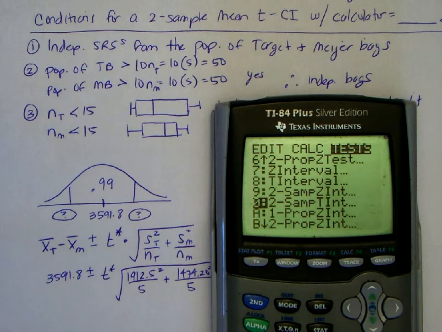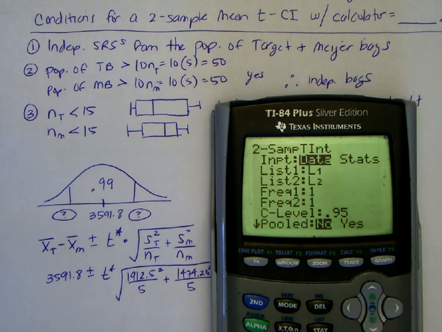So I'm going to do 2 sample t interval, and I have my data. And now make sure that you're doing larger minus smaller. Target came first and just so happened to be the larger poundage or kilograms, whatever it was. And then that's L1, and then L2 is there. Don't worry about frequency. 99%, 0.99.